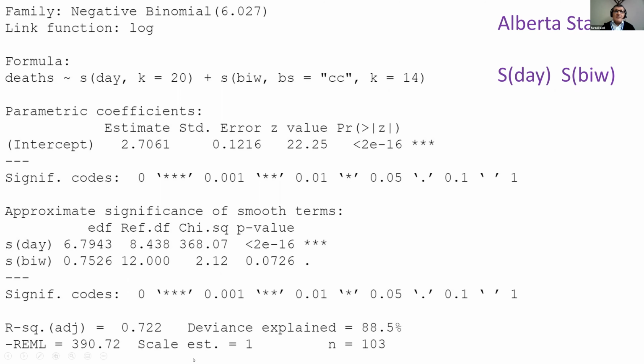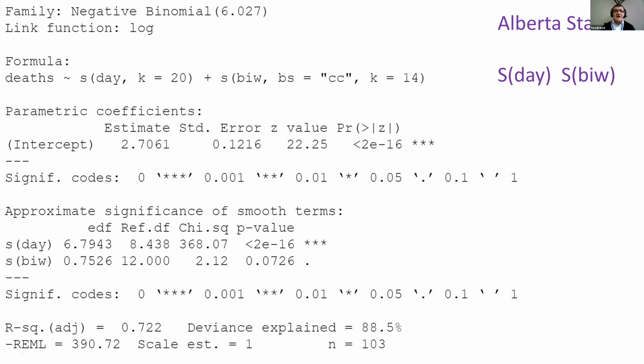But when we take day and by week, we have the intercept, day and by week all statistically significant, and R squared raised to 72%, which is very high compared to 25 or something.